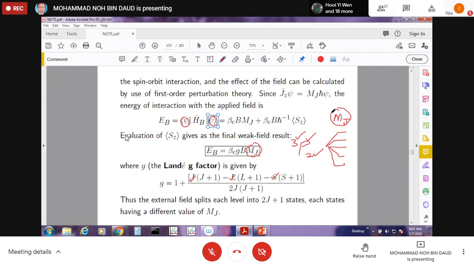So we can couple the nuclear spin angular momentum with the electronic total angular momentum J to get the total angular momentum F. F is the coupling between the nuclear spin I and the electronic angular momentum J. The nucleus spins on its own, so this is its intrinsic angular momentum.